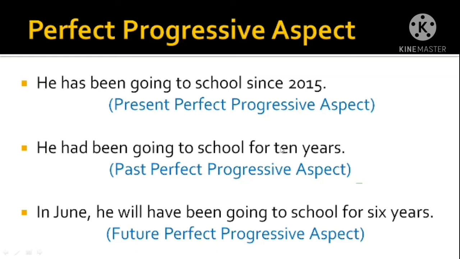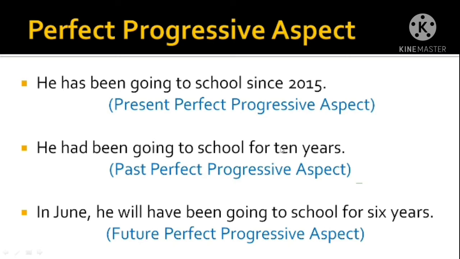So Geeta is a third person singular number. Has is used, right? Suppose all of us are in the same class, right? Then we will say, we have been going to school since 2015. They have been going to school since 2015. So you need to remember when to use have and when to use has.